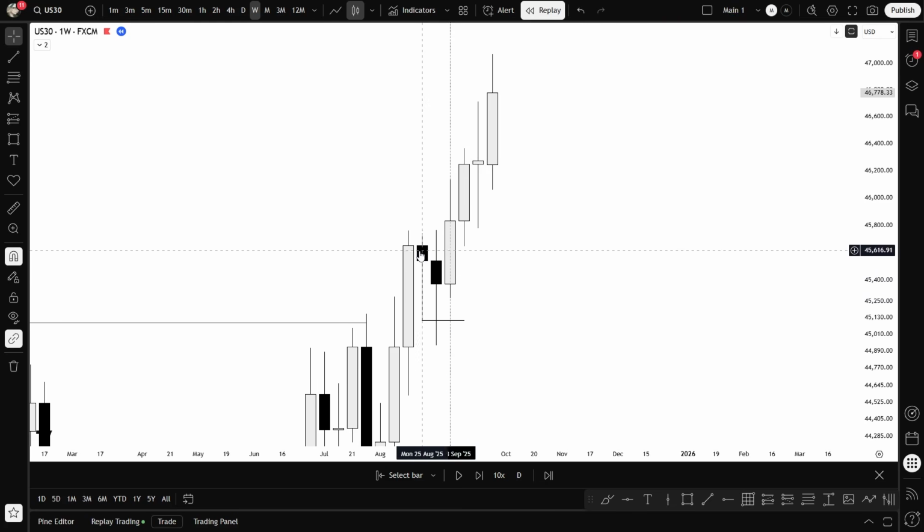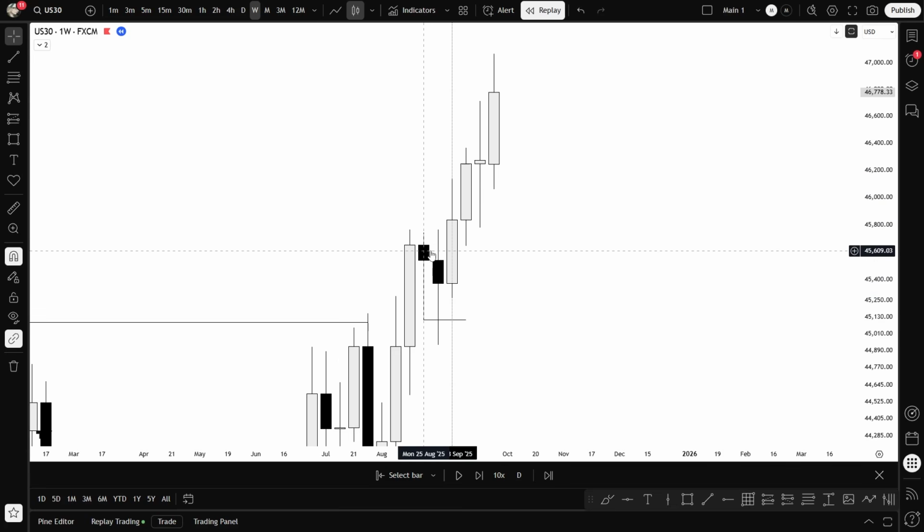As you can see, after this week expanded, what do we form? A CSD and a swing low. So we're still going to buy this week and the next week also. These are two high probability weeks, especially after the week 1 manipulation.